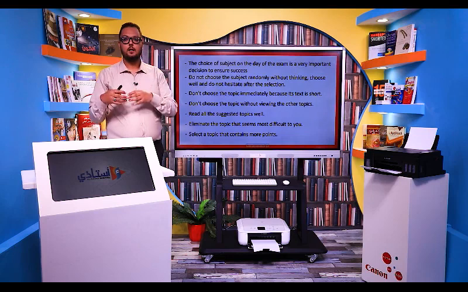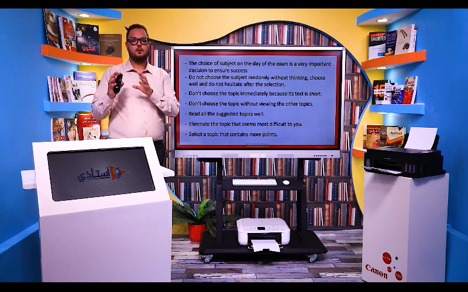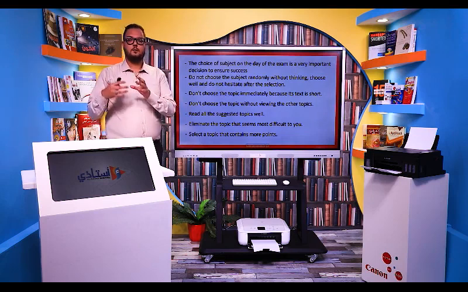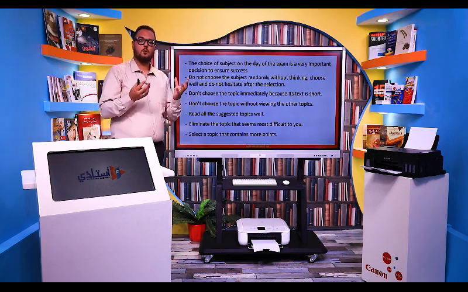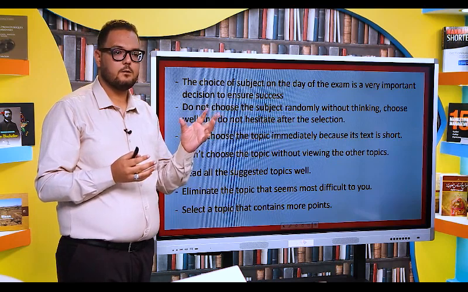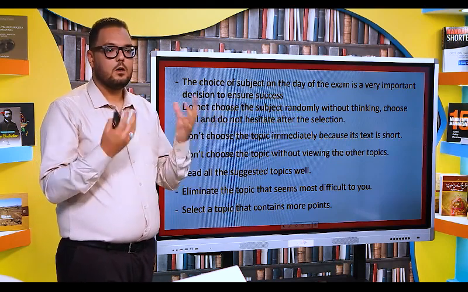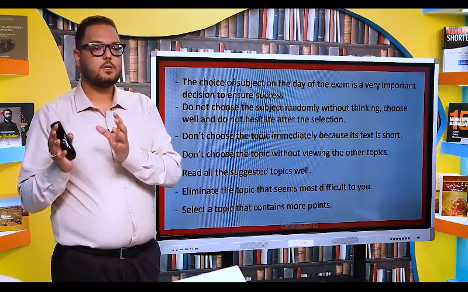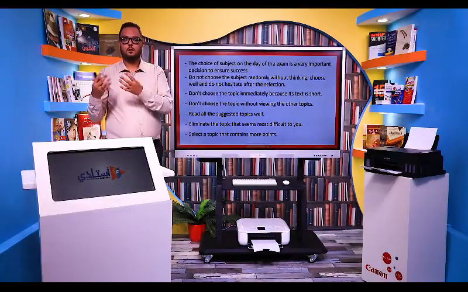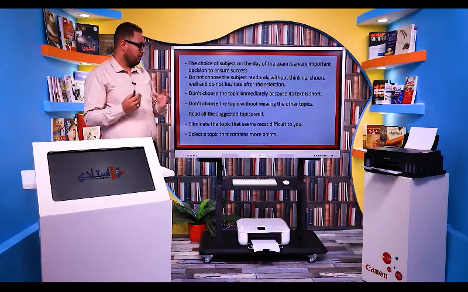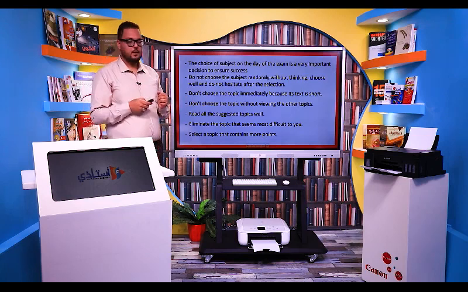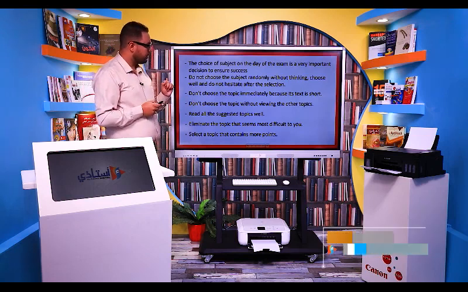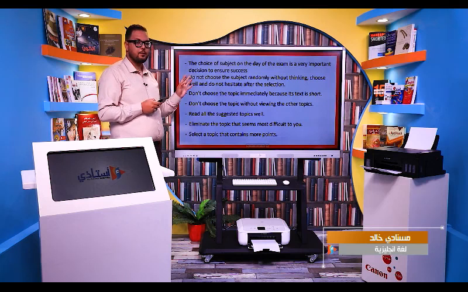So in one topic you can answer 10 questions, for example for 14 points, and in the other one you can answer 6 questions for 8 points. So automatically you are going to choose the topic for 14 points, so you have more points in this topic. I hope these tips will help you.